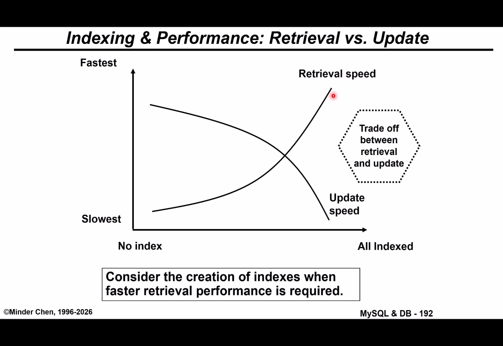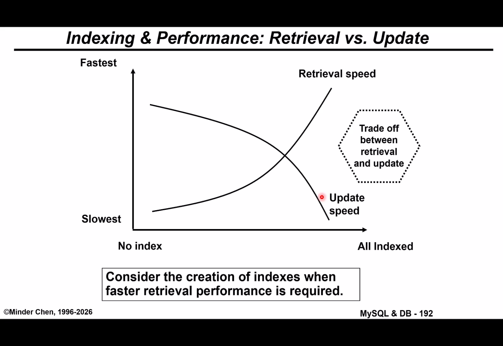The trade-off, the downside, is that when you index lots of columns, your performance during insert, update, and delete will deteriorate and slow down. So you need to consider this trade-off: fast retrieval but slower update speed, or faster insert, update, delete but slower data retrieval.